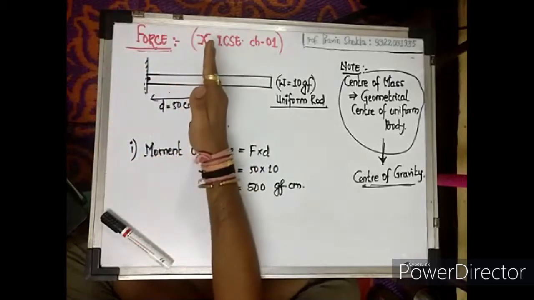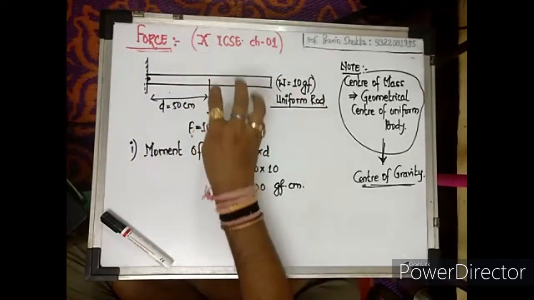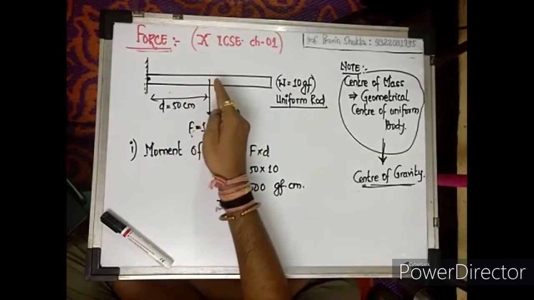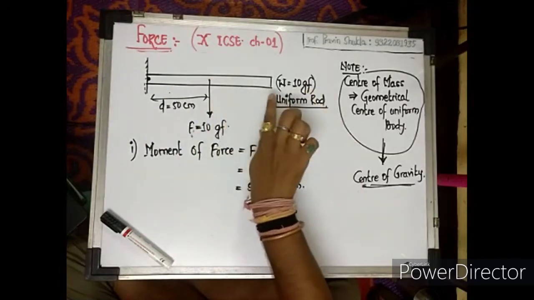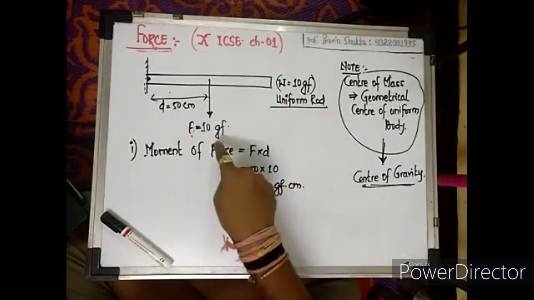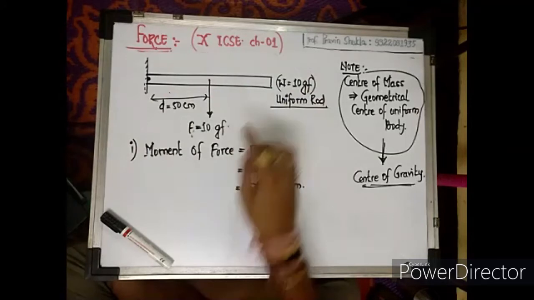At all the points to the right-hand side of this, the force required will be smaller. When you start going away from the point towards the right-hand side, the force applied will decrease to counterbalance this moment of force.